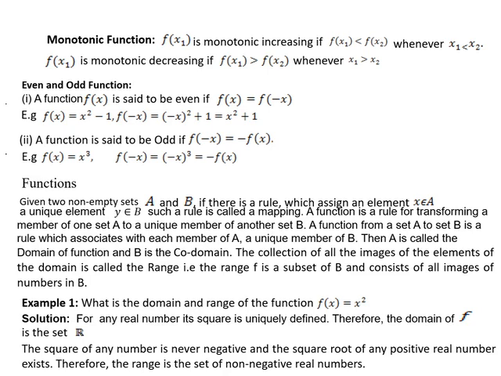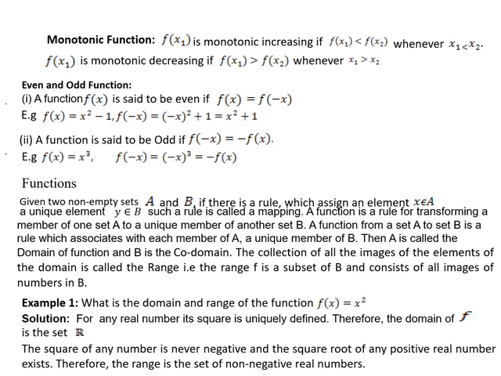That is what we call mapping. And let's check this. Given two non-empty sets A and B, if there is a rule which assigns to an element S in A a unique element Y in B, such a rule is called a mapping. I'm just explaining it further.